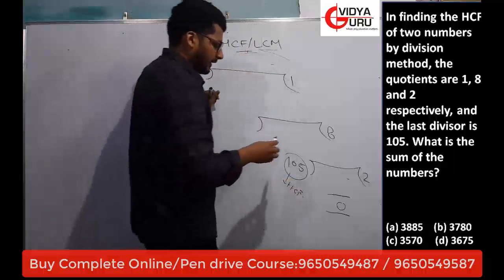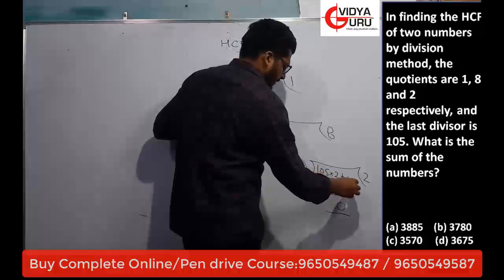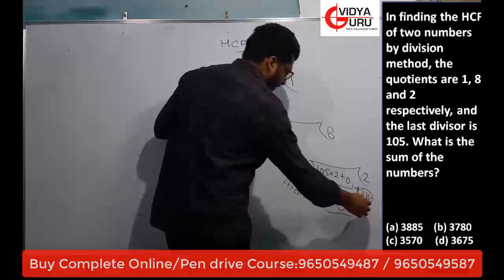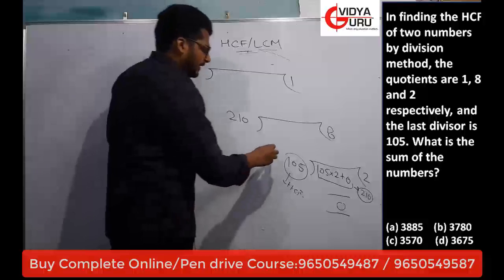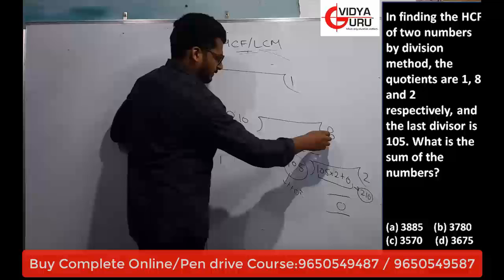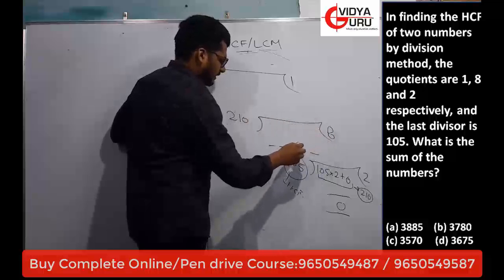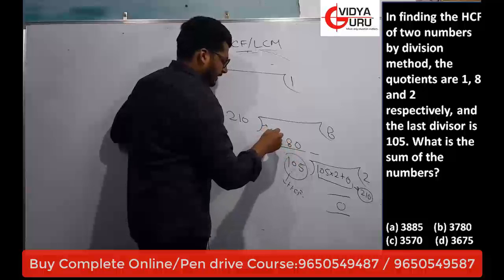So if I apply the division rule here, divisor into quotient plus remainder, what will be the number here? 210, and this will be the same number which was here, and the remainder here will be 105. I have multiplied here by 8, so 210 into 8 will come to 1680, and the number here will be like that.